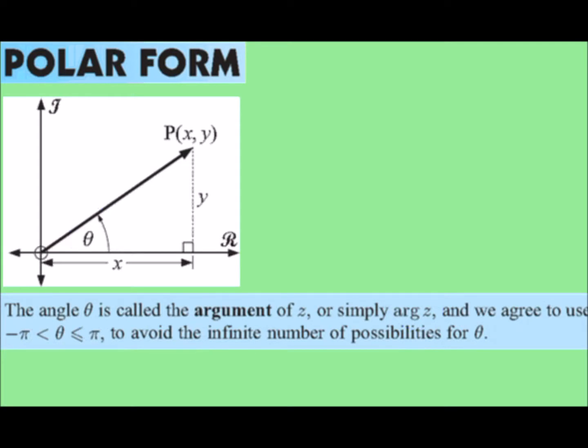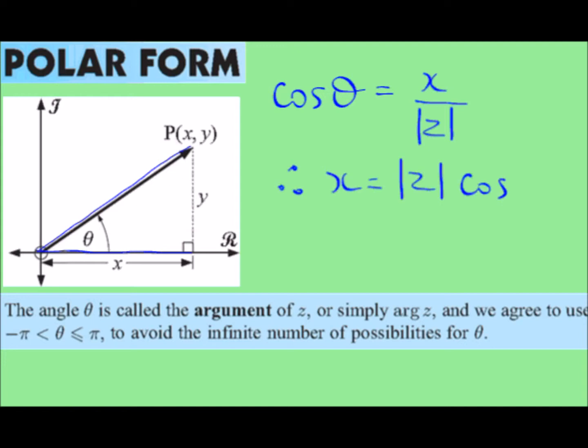Now if we consider the angle theta and look at its cosine, we have the cosine of theta is equal to the adjacent length, which is x, divided by the hypotenuse, which is the length of the complex number. If the complex number is z, then the length is mod z. Rearranging to get x by itself, we end up with mod z times the cos of theta as the x component.